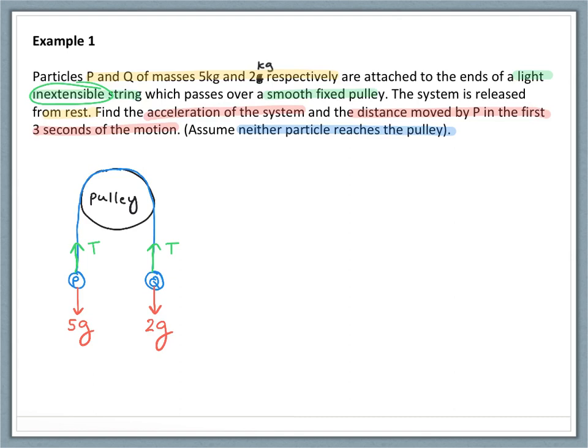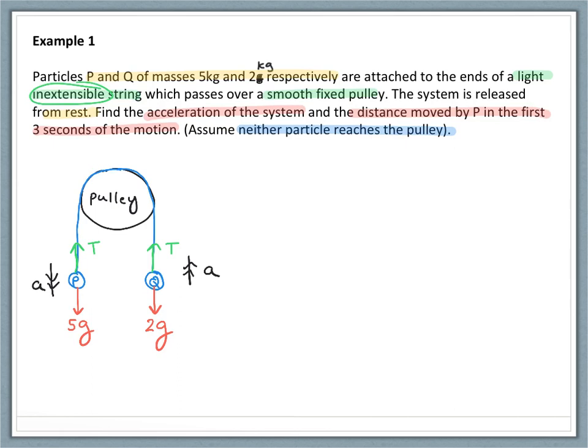Now, because P is the heavier particle, when the system is released from rest, P will accelerate downwards with an acceleration, we'll call it A, and Q will accelerate upwards with the same acceleration. The acceleration is constant because the tension is constant throughout the string, which of course we know is inextensible.